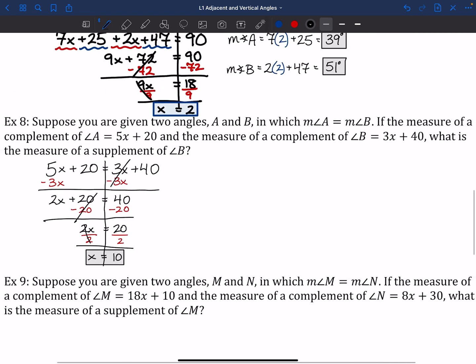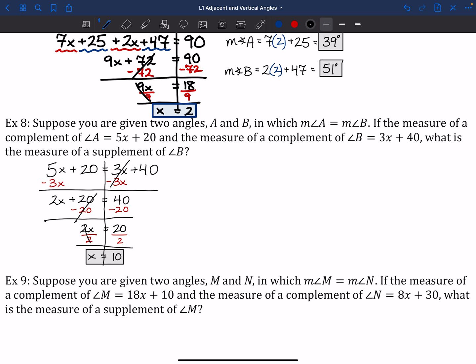What that allows us to do is now we can figure out what the complement of B is equal to, right? We know the complement of B is equal to 3x plus 40. So if I plug in that 10, then the complement of B is equal to 3 times that x plus 40.